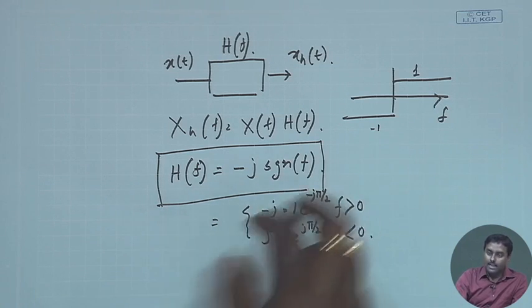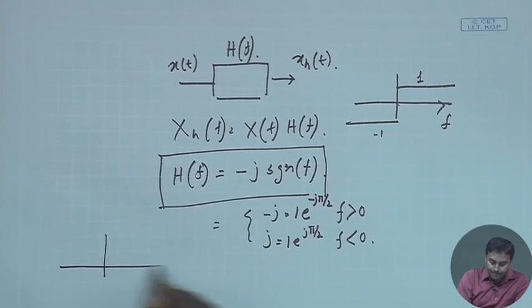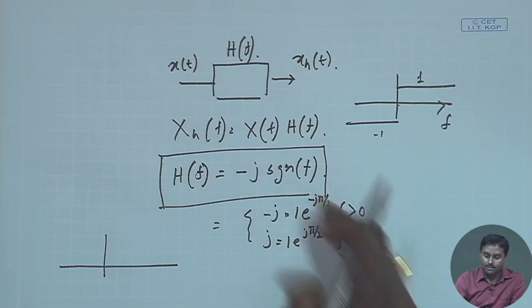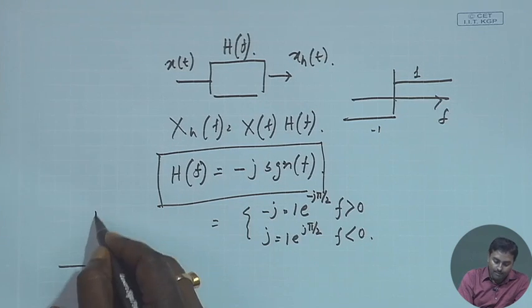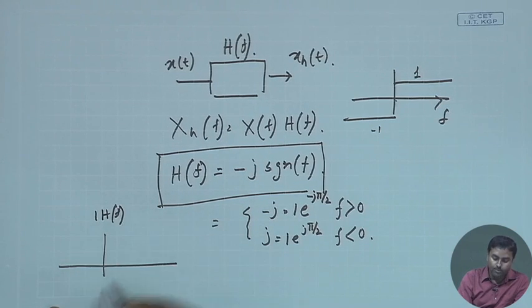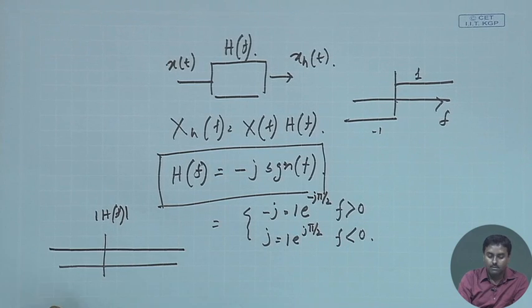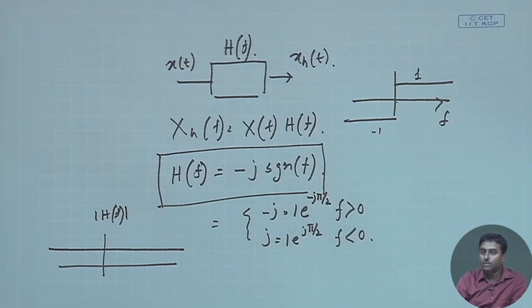So if you see, the transfer function looks like this. Any transfer function must have an amplitude plot and a phase plot. If I plot the magnitude of H(f), it is constant, that is 1. If you take the mod of this, it is always 1.